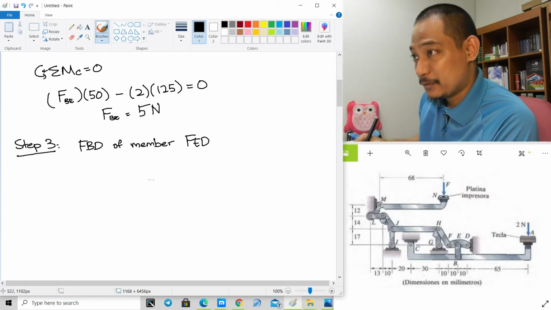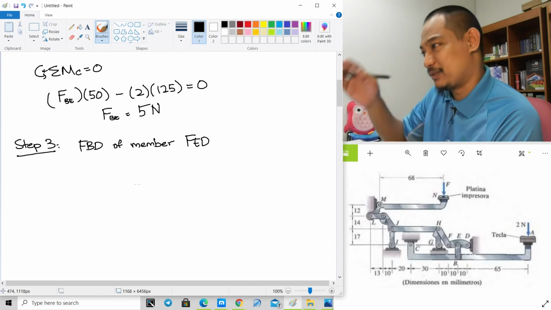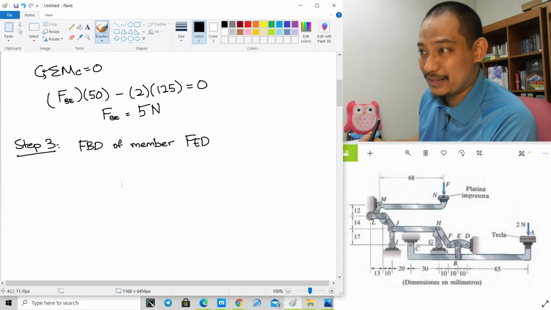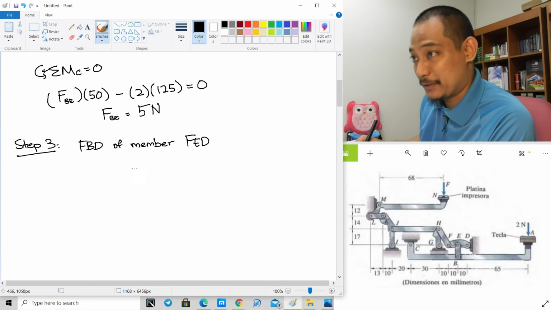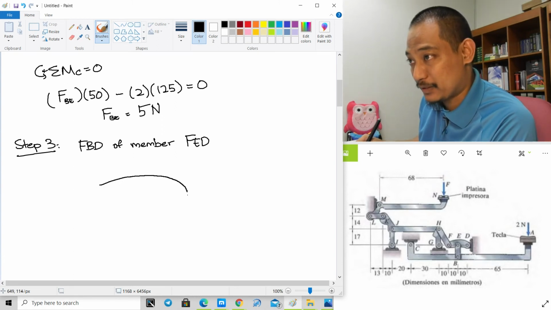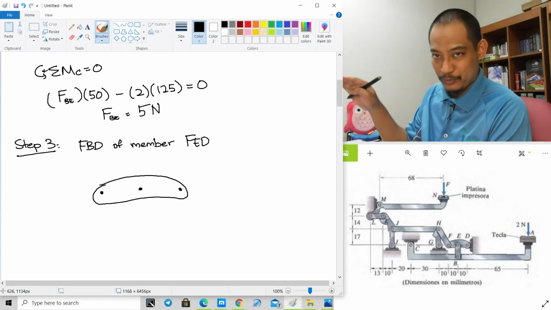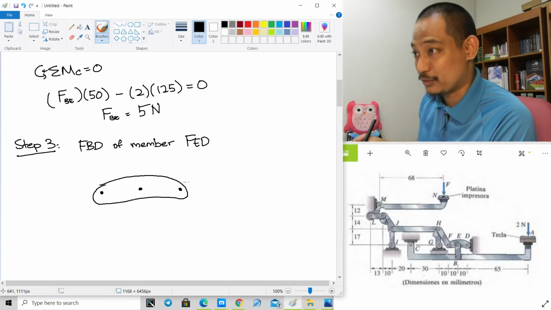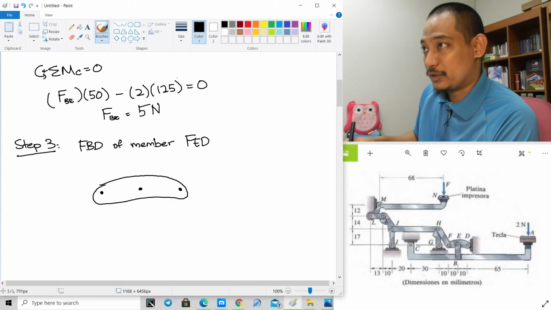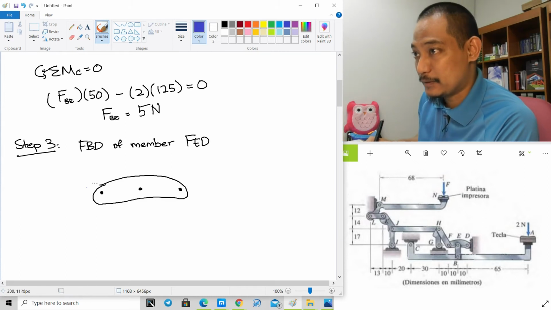So regardless of the shape, even though the shape is a bit curvy, essentially the pins are on the same line, so I can just draw something like this. As long as the pins are on the same line, we can consider it as such. Even though the drawing seems like that, consider it a straight horizontal line. So this is F, E, D.